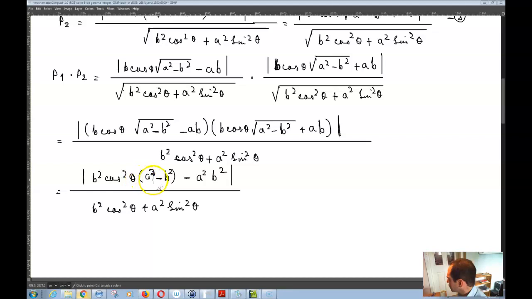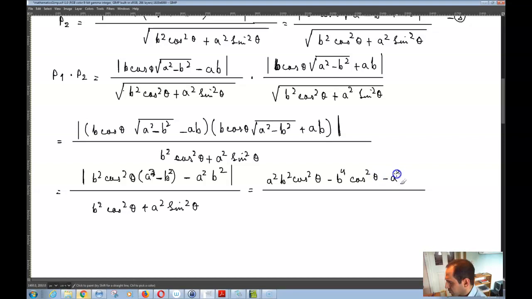Okay, so you can write this whole thing as a squared b squared cos squared theta minus b raised to the power 4 cos squared theta minus a squared b squared, over b squared cos squared theta plus a squared sine squared theta.